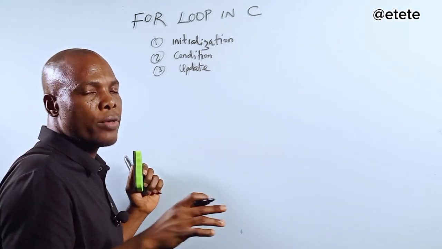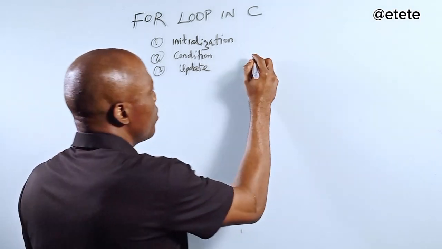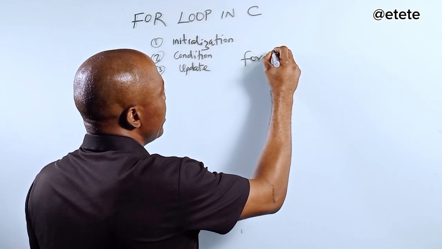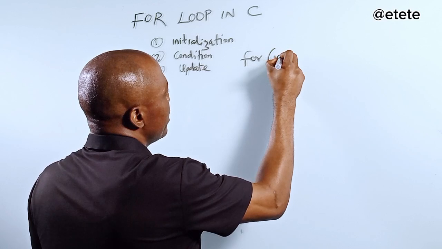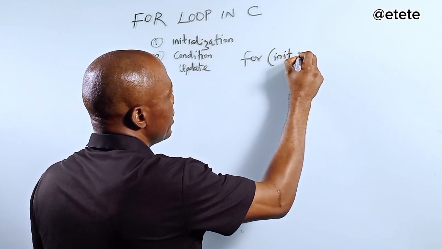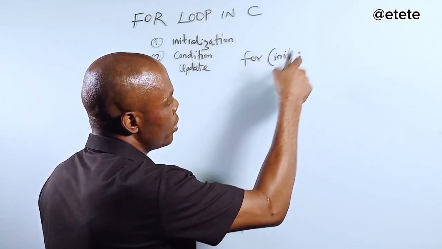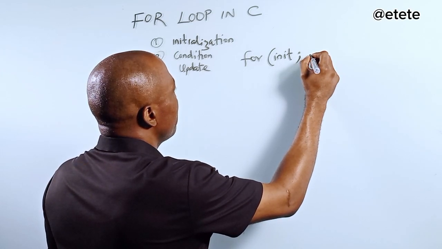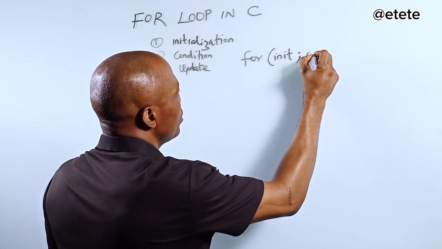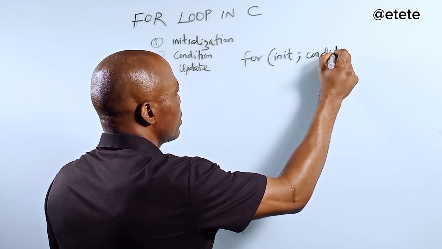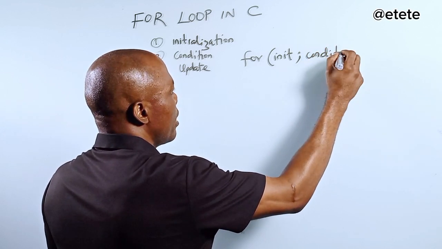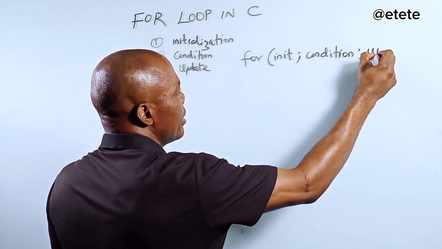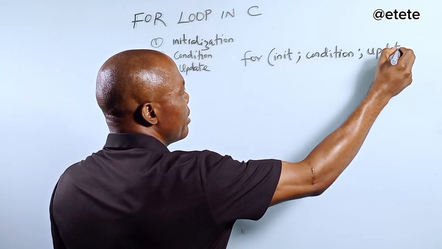Now, if I'm going to write the syntax for a for loop, that will simply be for, then here I will say init, then semicolon, then I have my condition, then another semicolon, then the update, either increment or decrement.